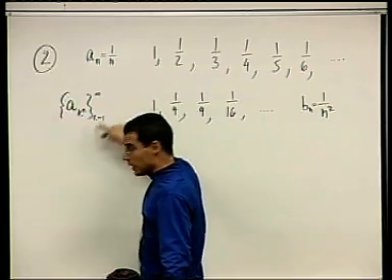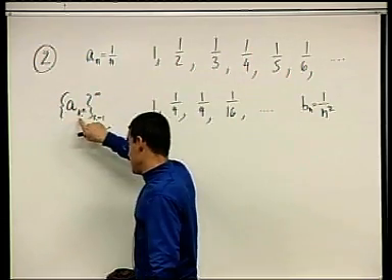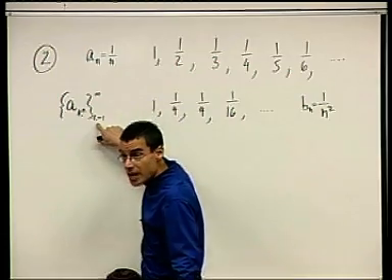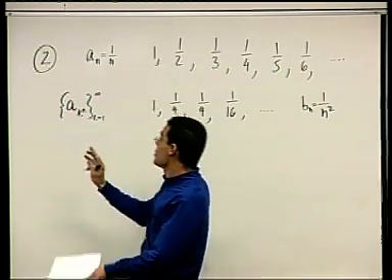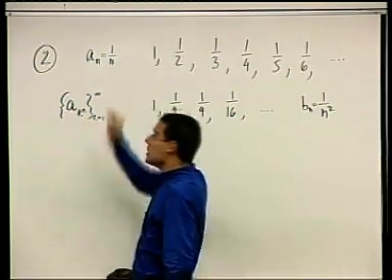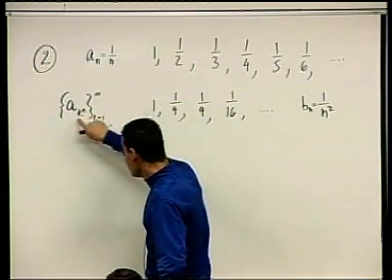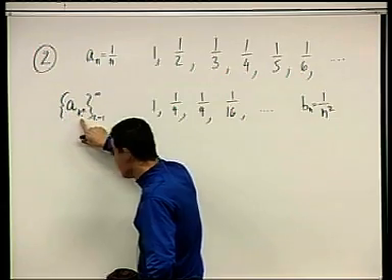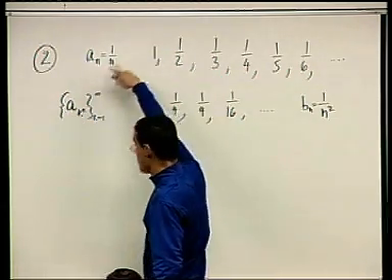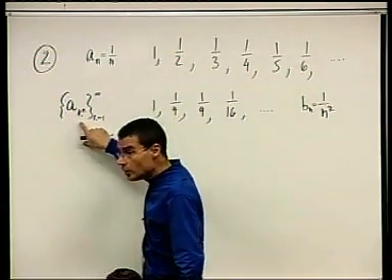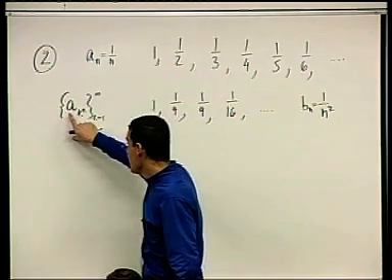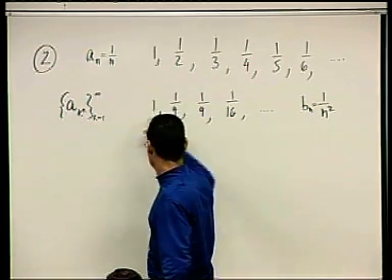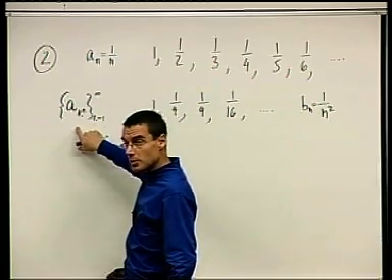In this formula, the running index is k. But the elements are not just ak, they're ak squared. So if you plug in running k's, plug in 1, you get a1. That's 1, because it's the ANs. If you plug in 2, you don't get a2. You get a4. That's the second element of the subsequence.